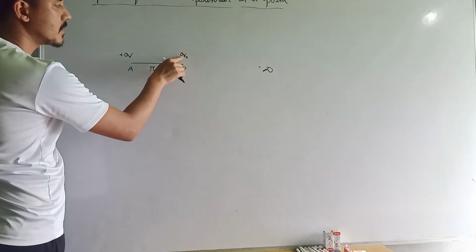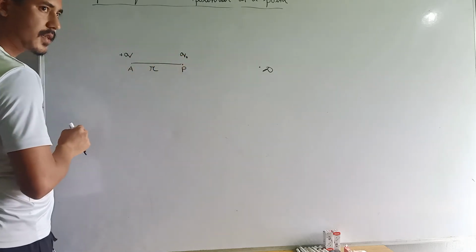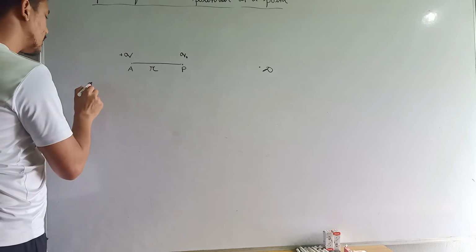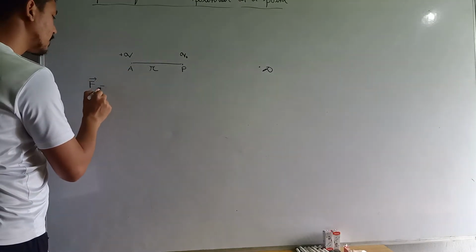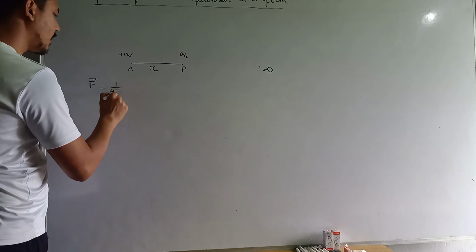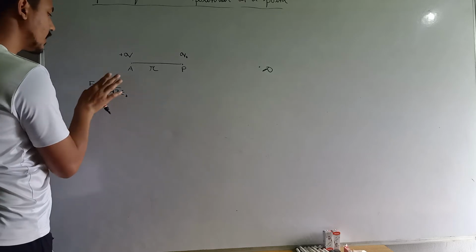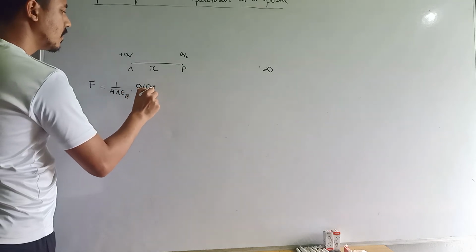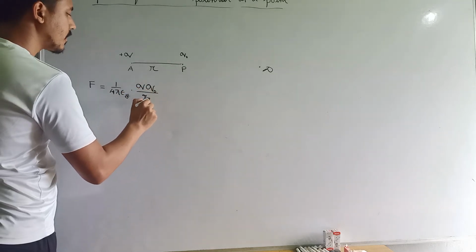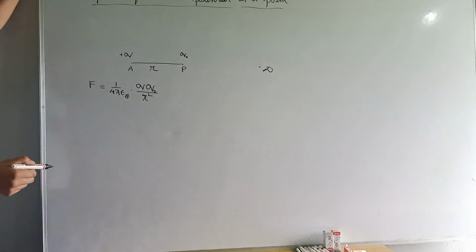So what is the electrostatic force at the point P? Since I have placed Q naught at P, Q naught will experience an electrostatic force, right? So according to Coulomb's law, the electrostatic force will be given by 1 by 4 pi epsilon naught, let me write only the magnitude, Q Q naught upon R squared. Is it okay?